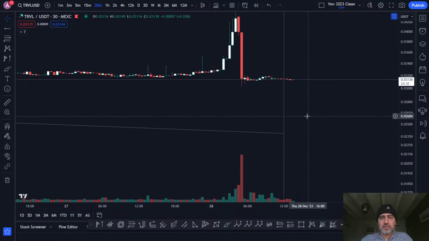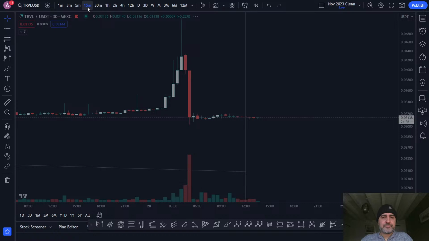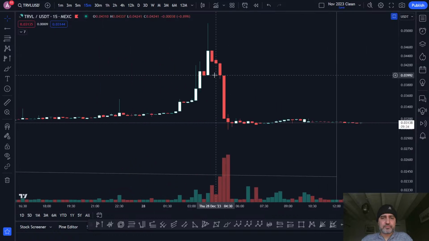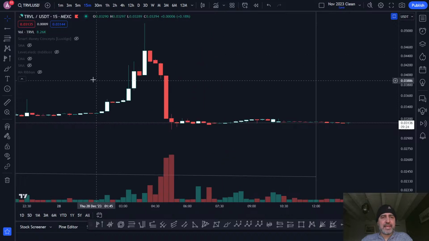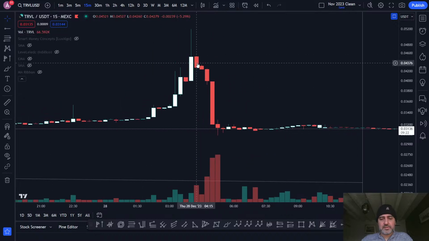Right. And then the negative volume comes in. Market sell. These are market sells. Market sell, market sell, market sell. So how much volume left the market? We had 470 enter the market.